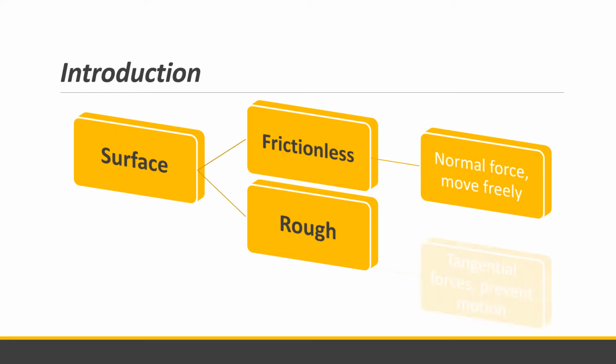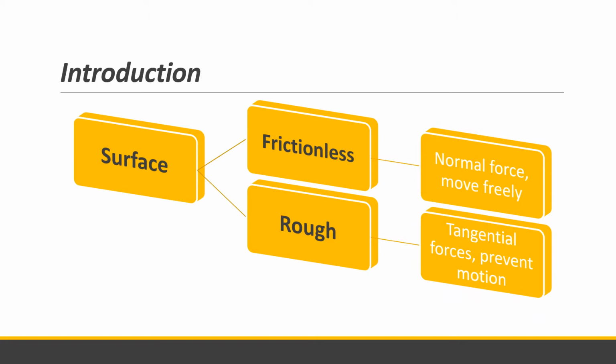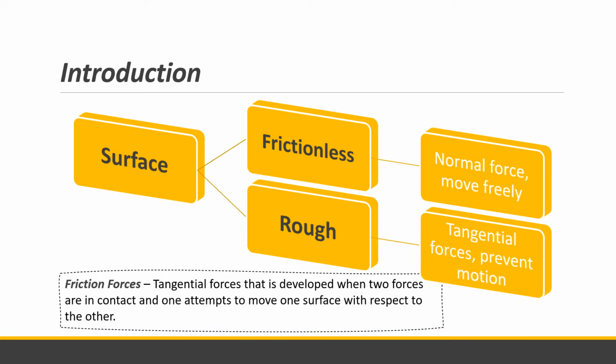Now, if they were rough naman, it was assumed that tangential forces could develop to prevent the motion of one surface with respect to the other. So there is a force developed that prevents the two surfaces from sliding or creating motion between the surfaces. An example of the tangential forces na tinutukoy dito is the friction forces.